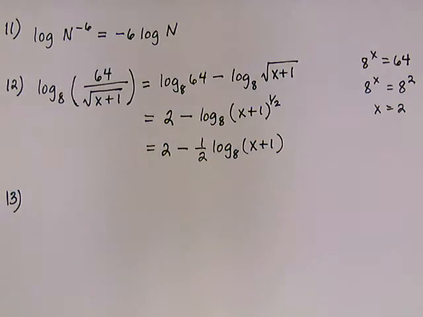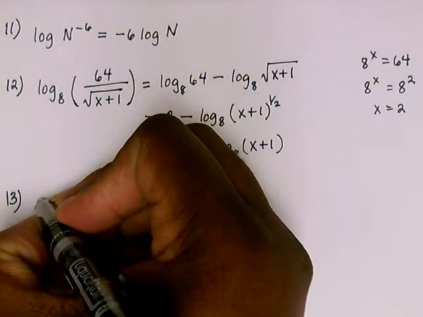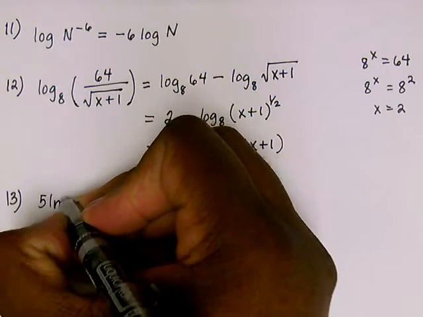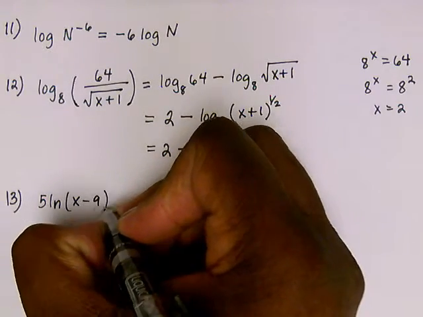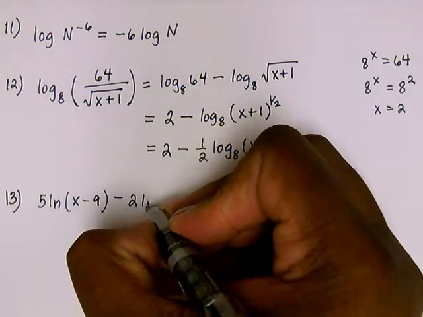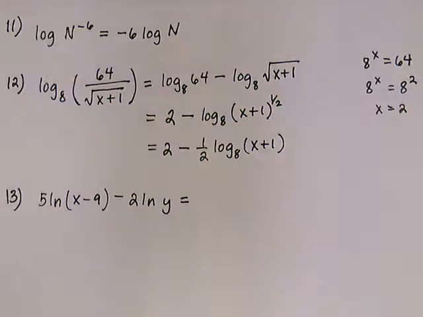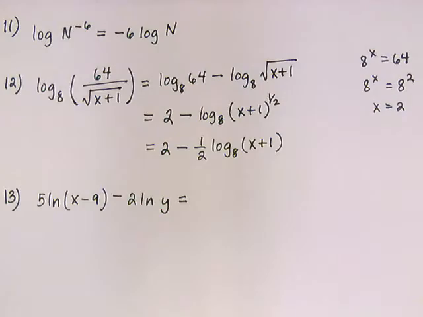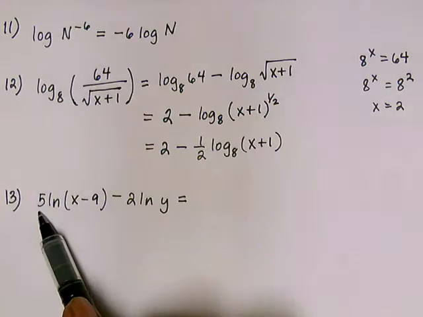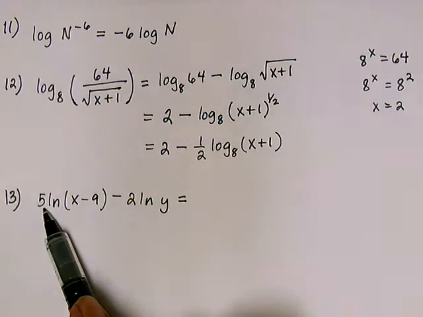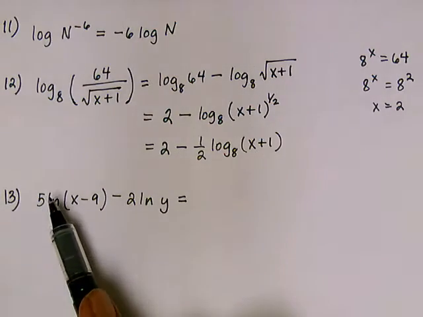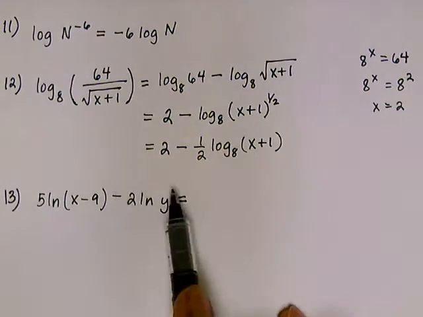So here we got 5 ln of the quantity x minus 9 minus 2 ln of y. Well, notice we got coefficients in front of the natural logarithms, so those coefficients will become exponents. So we're using the reverse of the power rule on each of these terms here.